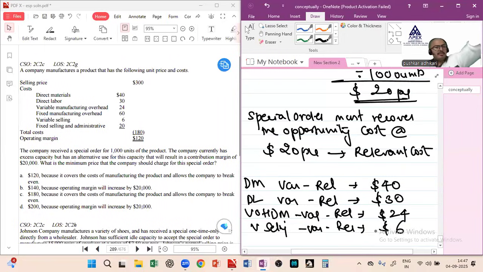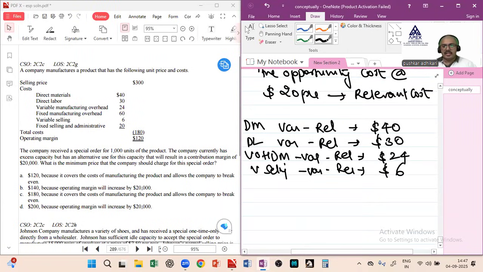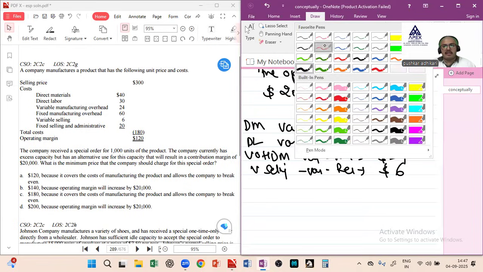$6. And nowhere in the question is it written that these selling expenses can be avoided for the special order. Is it specifically written? So I am writing a note over here.